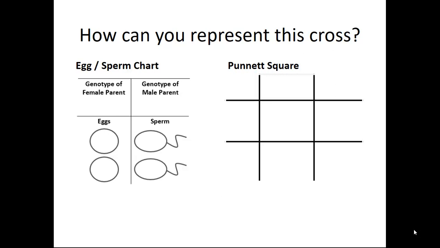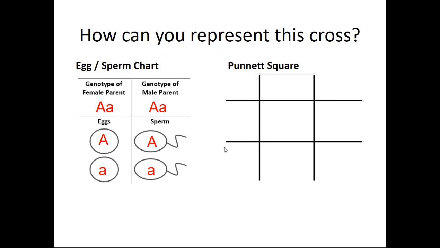All right, so if you have a mom and a dad that are both carriers, meaning they have just this recessive allele, they're hybrids, but they themselves are not albino. This mom could make a big A or a little a egg, and this dad could make a big A or a little a sperm.